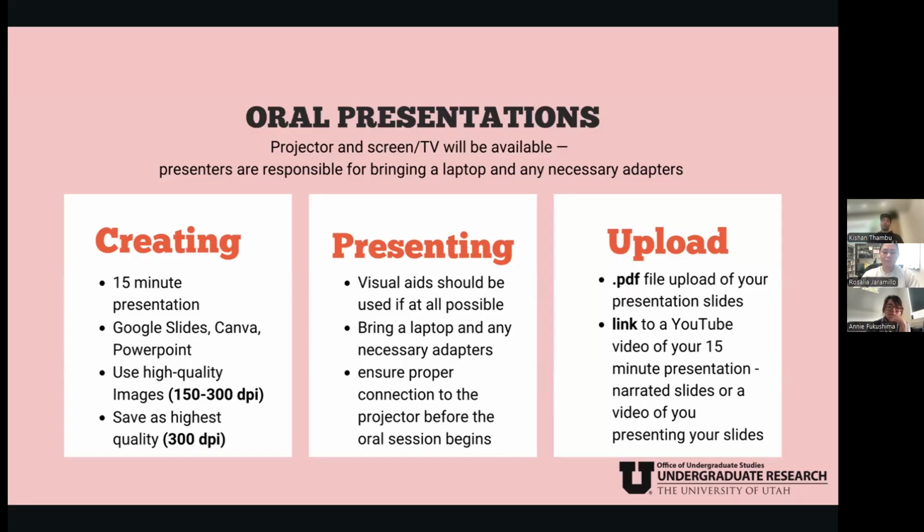If you want practice speaking to an audience, oral presentation is probably the best way to go about it. But if you want to talk to people one-on-one and be able to talk to specific people within departments about your research, or other undergrads, a poster session might be better, because then you're practicing communication skills.